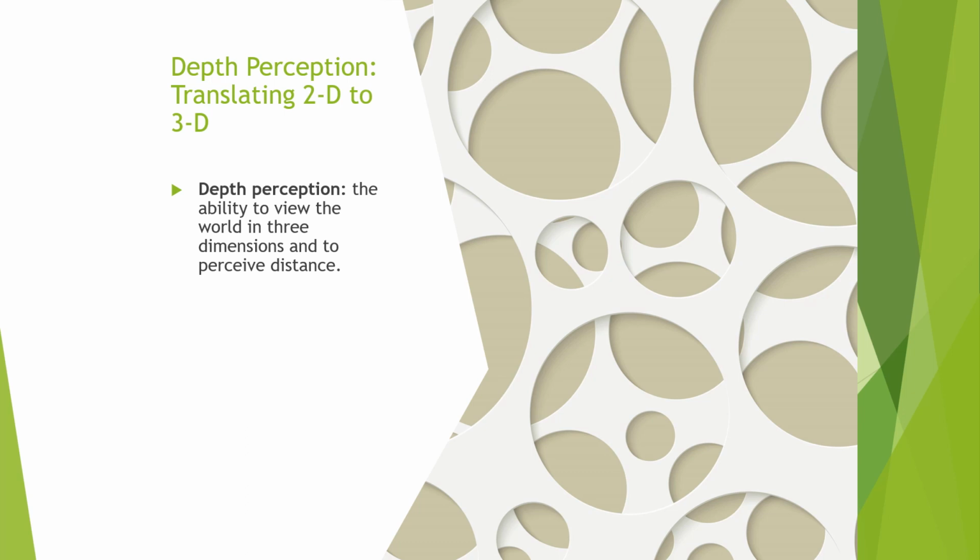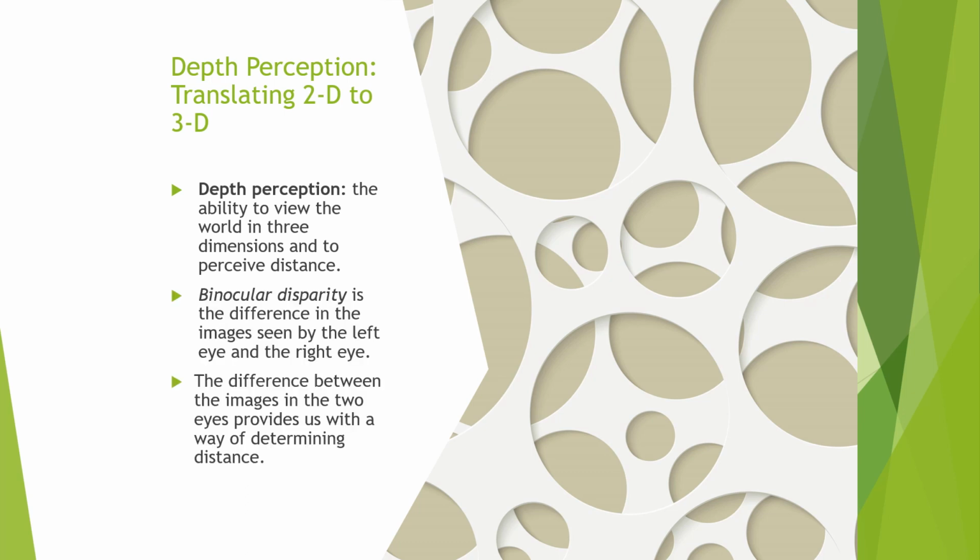Now, what plays along with depth perception is your 2 eyes. And we have what's called binocular disparity. Binocular disparity is the difference in images that are seen by the left eye and also the right eye.